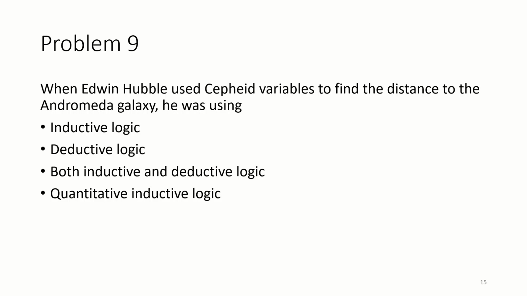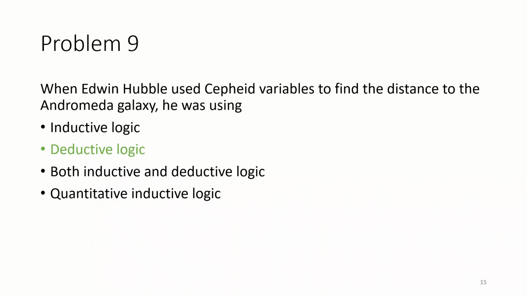So they had already used inductive logic for the connections between Cepheid variables and luminosity. Okay, so I think it should be deductive, because they had already made two premises, and then they worked upon the conditions.